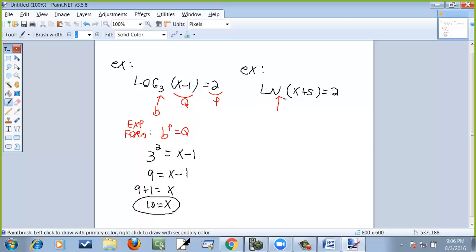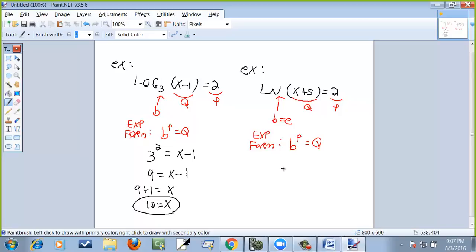So you're going to take whatever your base is. We don't have a number here. But remember, if you have ln, your base is e. And then this will be your q, and this will be your p. So our exponential form is b to the p is equal to q. So we plug in everything.